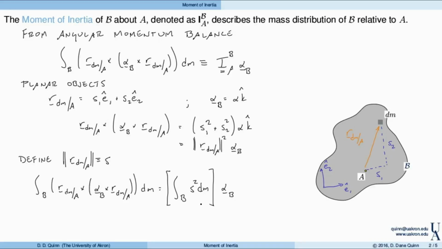And it's this piece in brackets that is the moment of inertia of the body about point A, and then again times the angular acceleration.